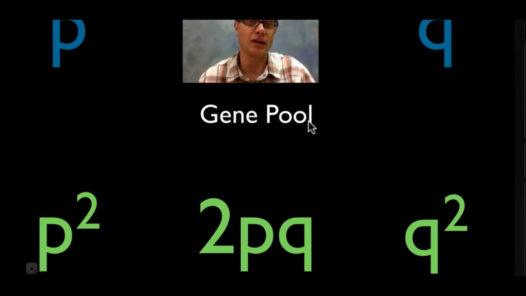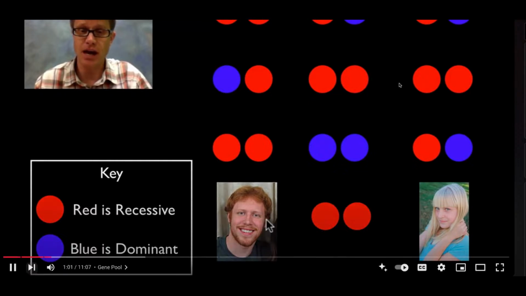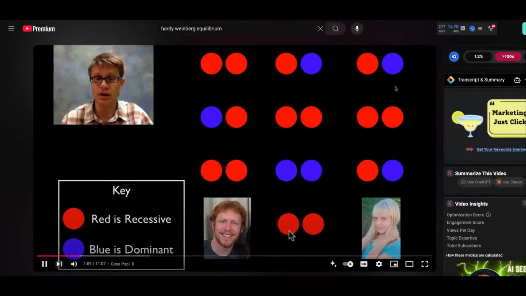And so I want to kind of go back to basics and show you what a gene pool is, and then show you how to solve some of these problems. And so let's start with a sample population. Let's make this population really, really small. Let's say we have 10 people. So we got 10 people here, and half of them had red hair. And so to have red hair, you have to have 2 red alleles. So this would be a person with red hair, red hair, red hair, red hair, red hair.